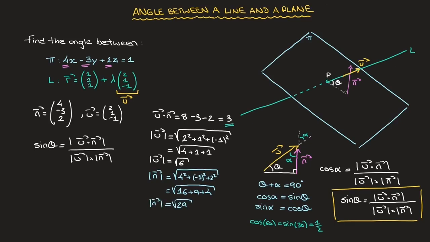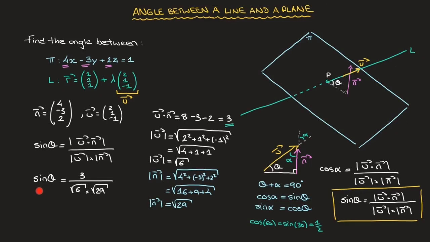Done. Now, replacing u dot n by 3, replacing the magnitude of u by the square root of 6 and the magnitude of n by the square root of 29, we can now state that the sine of theta, remember theta is the angle between the line and the plane, is equal to the absolute value of 3, so that's just 3, over the square root of 6 times the square root of 29.